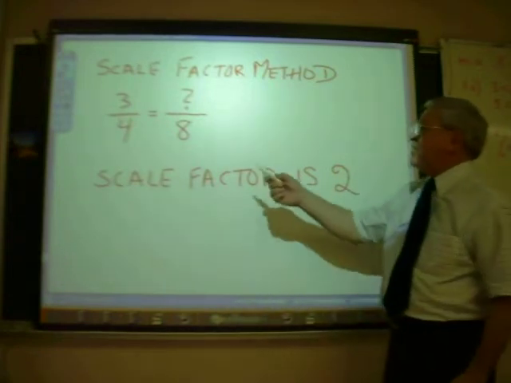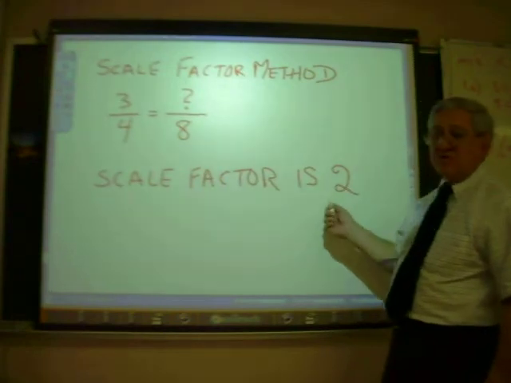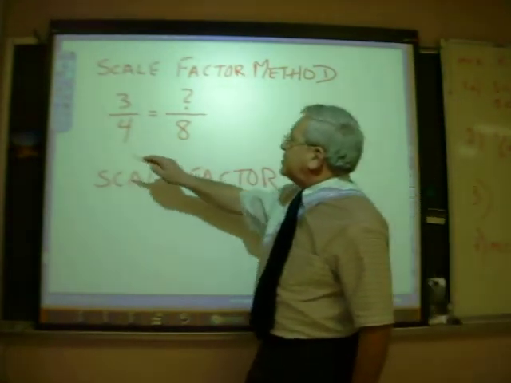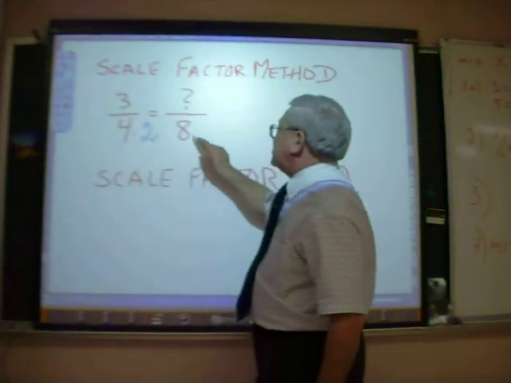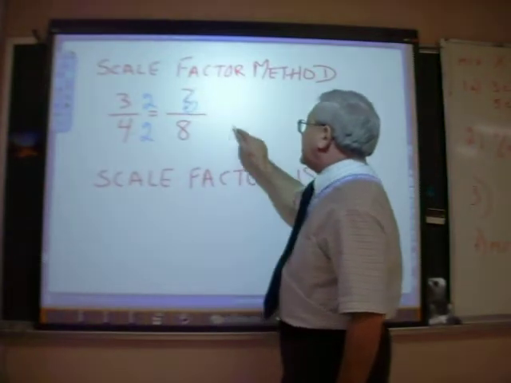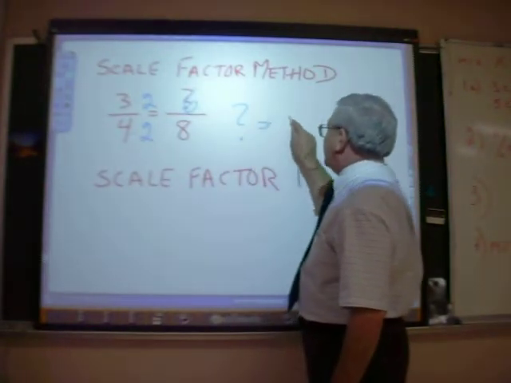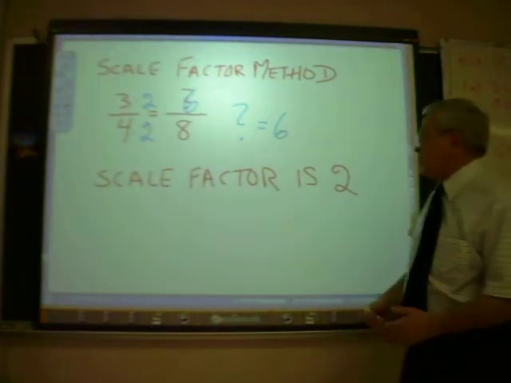In this case we have 3 over 4 equals ? over 8. Well, the scale factor here is 2 because 4 times 2 is 8 and 3 times 2 is 6. So the missing number is 6. Just that simple.